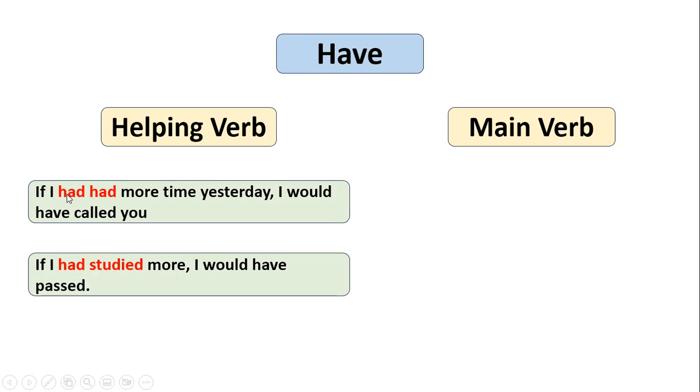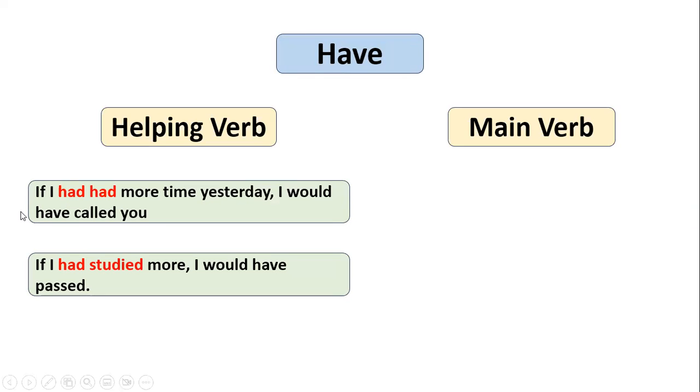It means I'm using this verb in order to form a certain tense, which is the past perfect. So the first had is a helping verb. I'm using it in the past, and I'm using another verb after it in order to show that this is a past tense. I'm using it to help me form the past perfect tense.